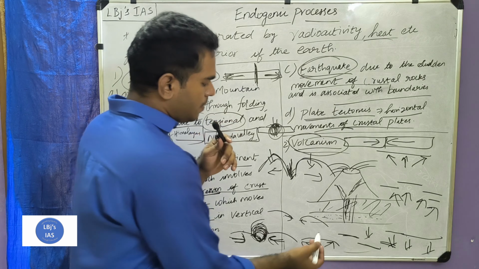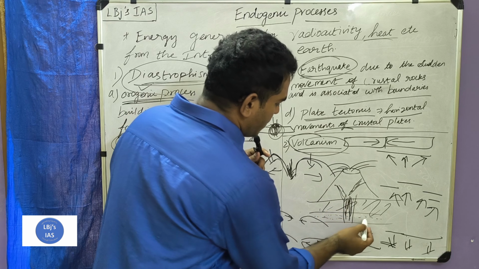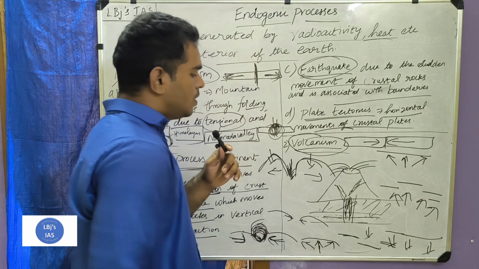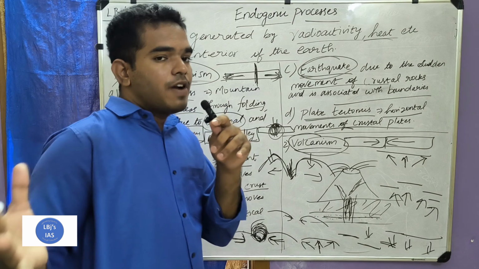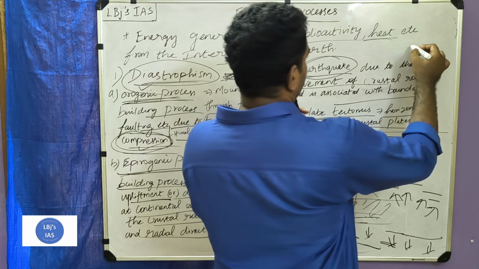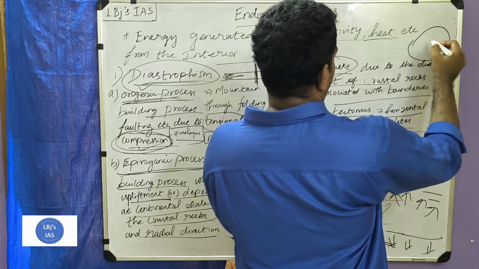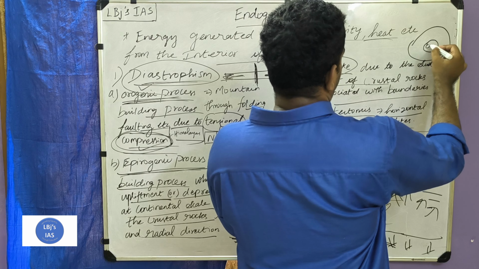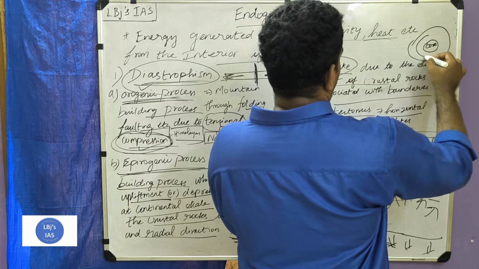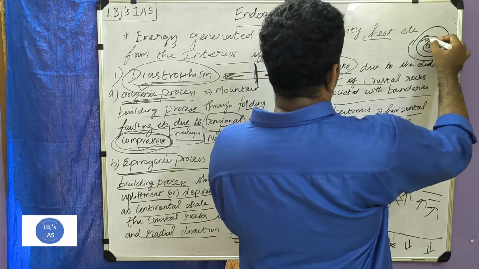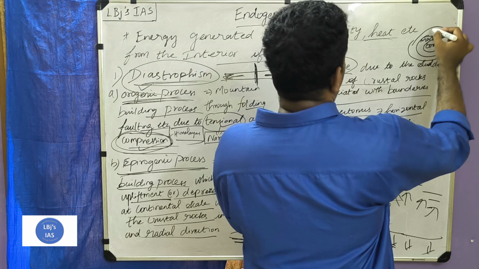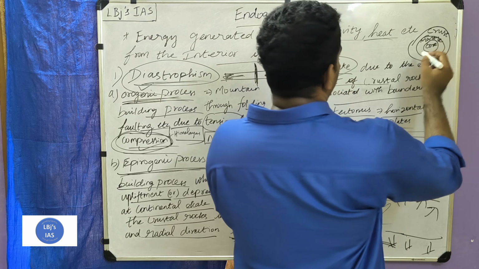Next we are going to see volcanism. Volcanism is nothing but upcoming magma from the asthenosphere. The earth is basically divided into three major parts. At the interior there is a core, above that the mantle, and last the crust.